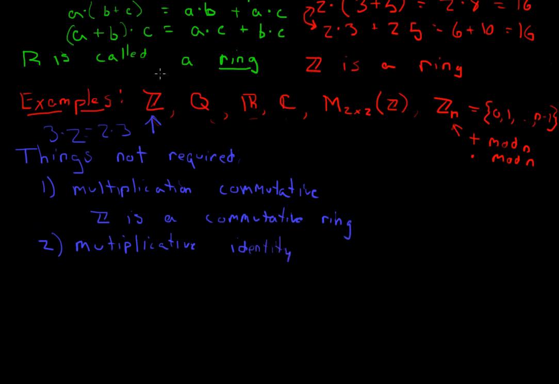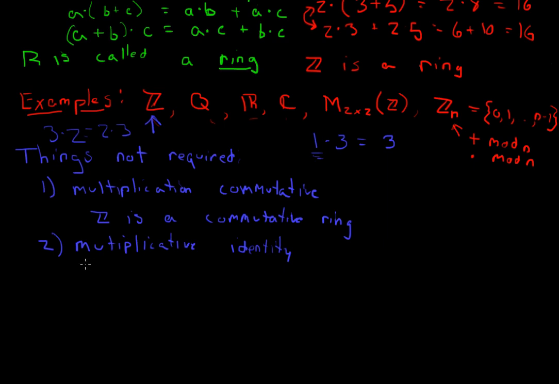Now again, you don't need a multiplicative identity to define a ring, but there are rings out there that do have multiplicative identities. For instance, the integers. If you take 1 times any integer, 3, you're going to get that integer again, 3. This 1 doesn't really change anything.